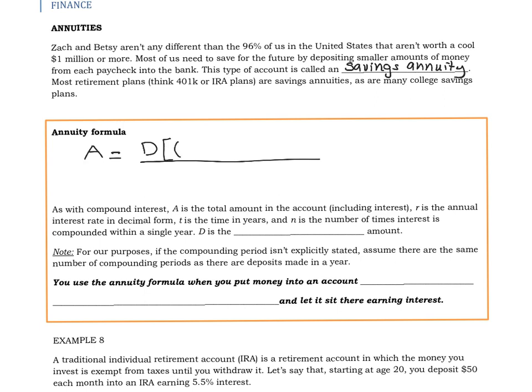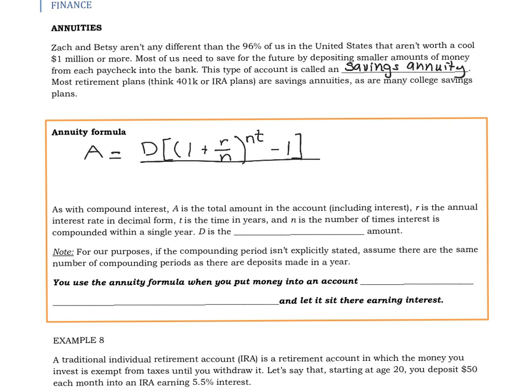I have the bracket, which is going to be a parentheses for a larger group of symbols. And then I have my smaller parentheses for my 1 plus the rate divided by the number of times that this is compounded, raised to the number of times it's compounded times the time in years, and then minus 1.